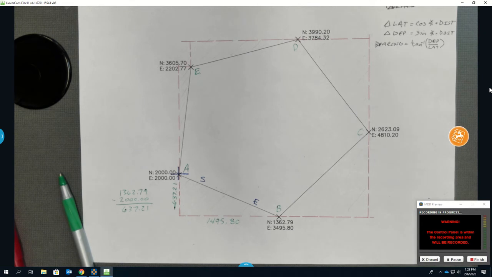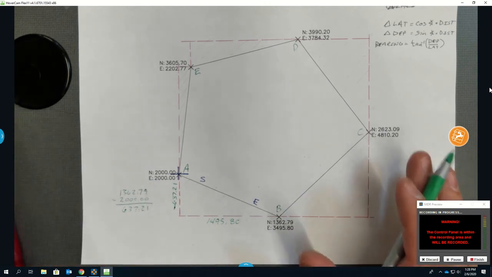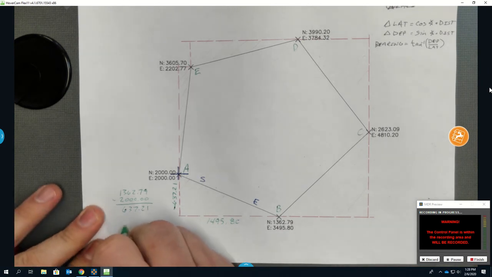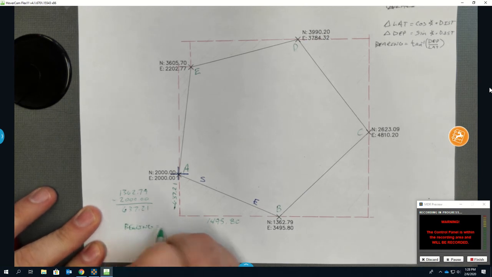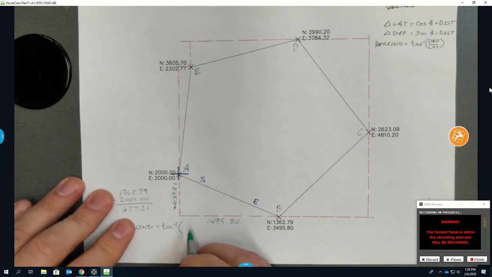All right, so let's figure out our bearing first, and I'm not going to use any signs for the bearing right now. When we figure out our bearing, it is the inverse tangent of our departure over our latitude.